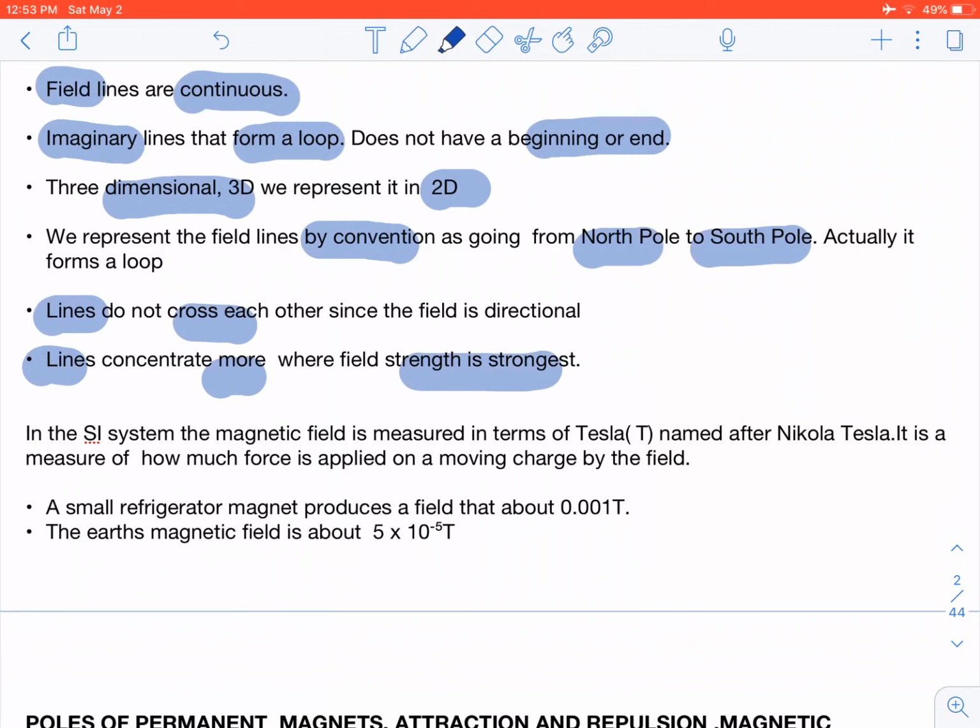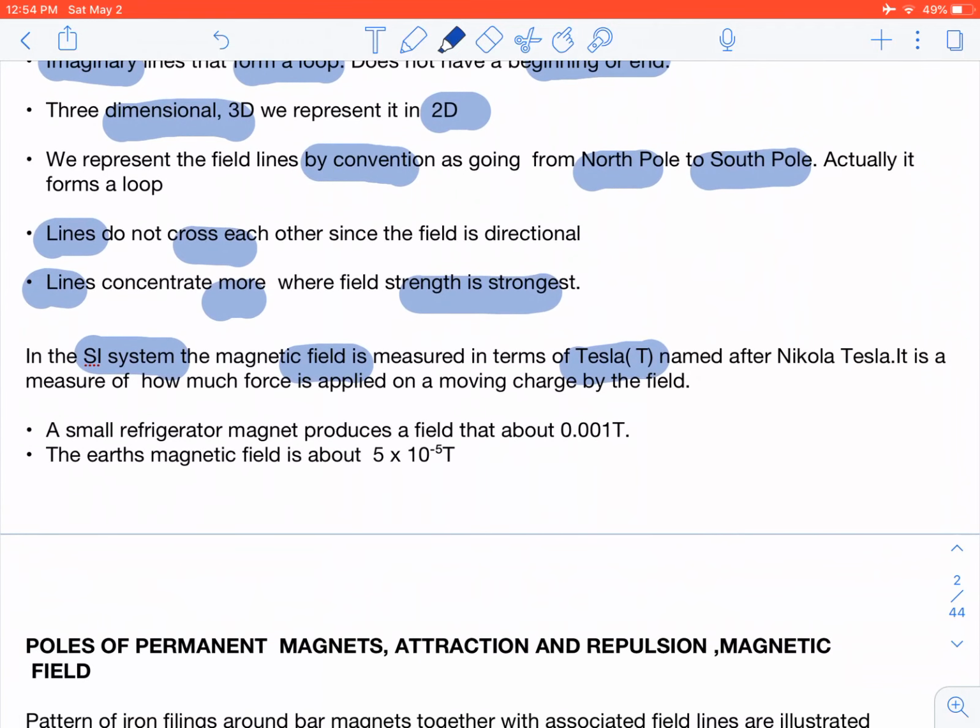Since we're dealing with magnetic fields in the SI system, a magnetic field is measured in terms of Tesla, and it's named after Nikola Tesla. I'm referring to the unit of magnetic field. Although we're not going to be doing much of that, in grade 11 and grade 12, you're going to deal with magnetic fields and its units. So I'm just giving you an indication of the unit in which it is measured.